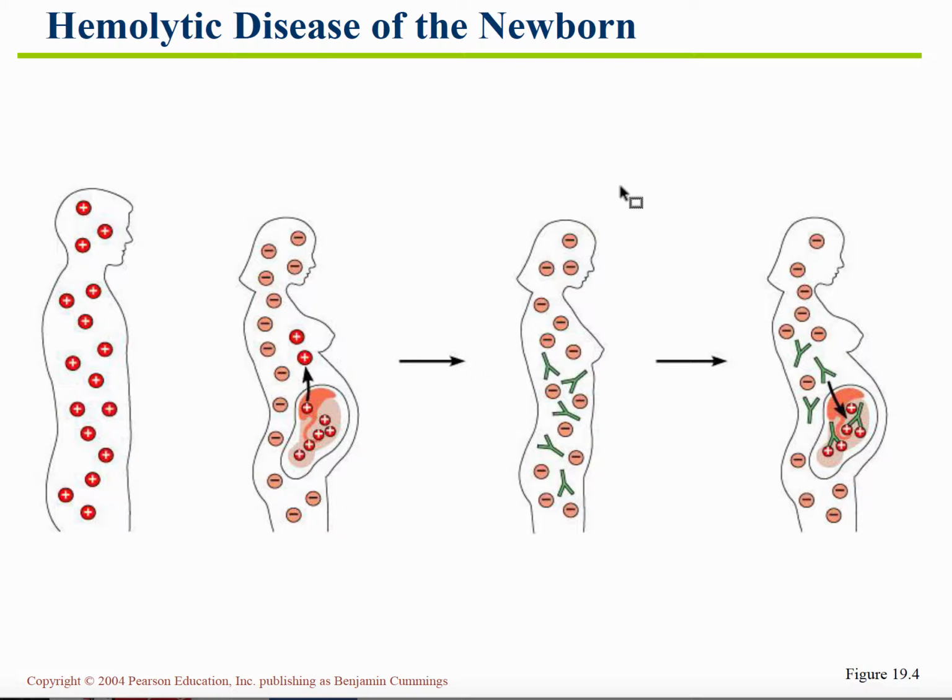But during birth, that did cross over. And so mom's system now saw baby's blood, and mom learned to make antibodies. Okay, so first baby's okay. But second baby is a problem, because mom now knows how to make antibodies. That's why we have all these antibodies here. So now when she gets pregnant the second time, those antibodies will cross the placenta. IgG crosses the placenta and will destroy the blood in the baby.